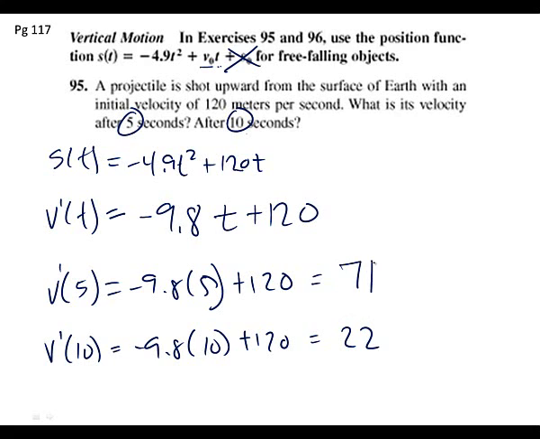No, it's negative 49 minus 120, because there's a negative 9.8. 71. And then what should we write it in? What's our label? Meters per second. Good. Nope, not squared. We only square acceleration.